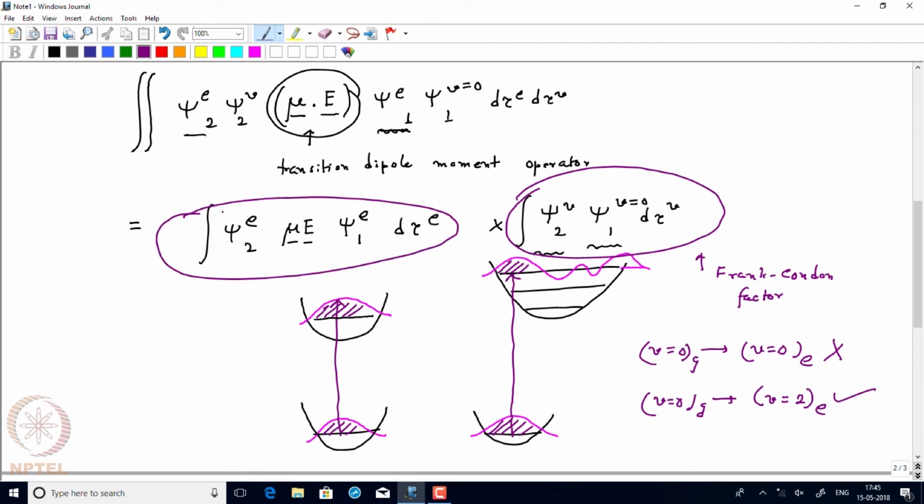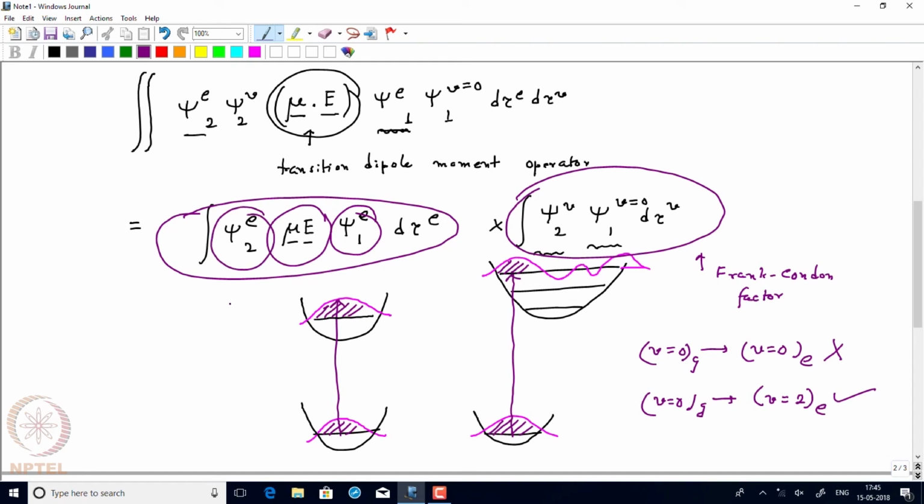So as you can see here that we have a dipole operator here, and this dipole operator we had already discussed that it goes as x, so it goes as just a linear term, and then we discussed what are the parity rules for a dipole operator, like these two wave functions should have opposite parity, otherwise this moment will be 0.